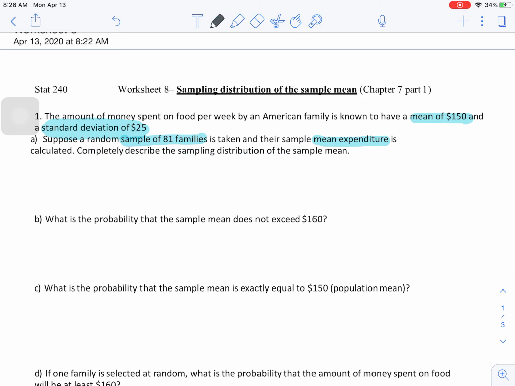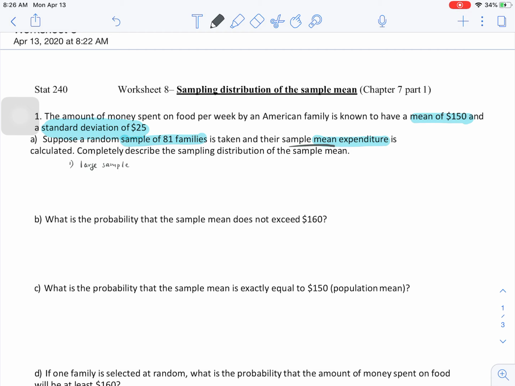Well, we don't know the distribution of the population. We don't know if it's normal or anything. But since we have a sample mean, we can see if we can apply the central limit theorem. To see if we can apply the central limit theorem, we have to check if two conditions are satisfied. One, do we have a large sample?